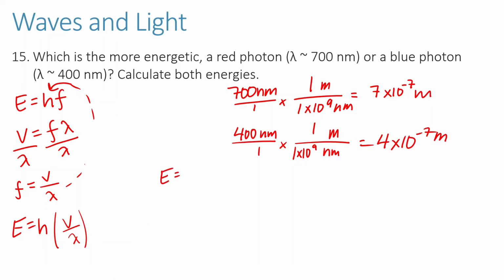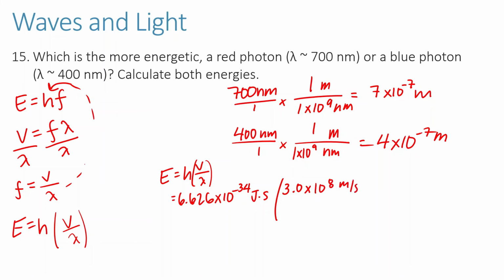So the first time I'm going to solve for my red photon. So I'm going to plug in my Planck's constant. So that would be the value of h. My speed, we're looking at visible light, so that's going to be 3 times 10 to the 8 meters per second.